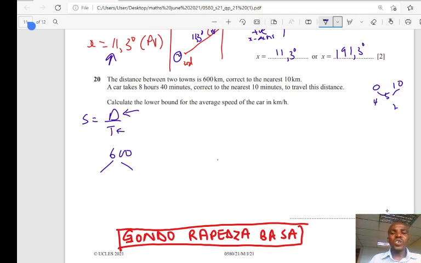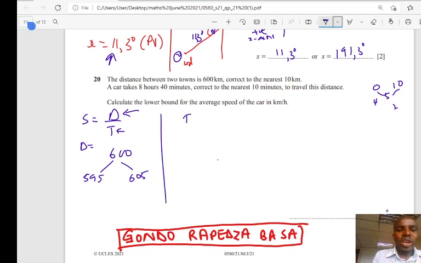So in this case, we want to use the same concept. So 600 rounded off to the nearest 10 kilometer means you subtract 5 and add 5. So subtracting 5, it was 595 here, or 605. That's for distance. Then for time, we have 8 hours 40 minutes. 40 minutes is the one that was rounded off.